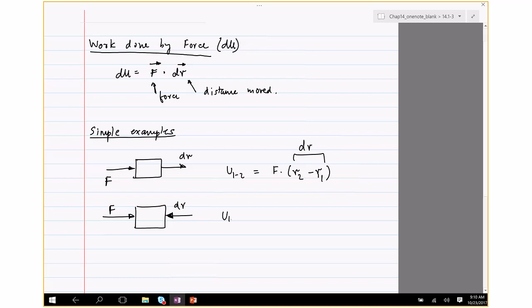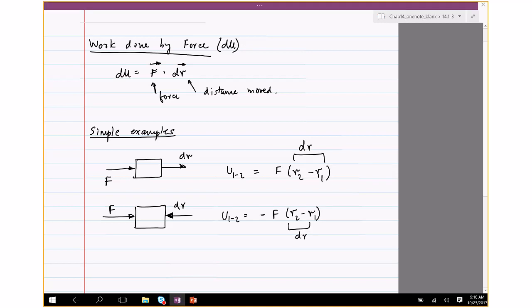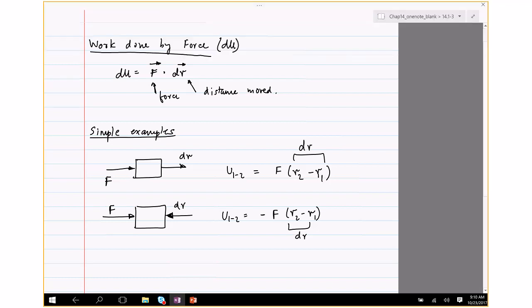So the work done by the force is F dot, well, I'll remove the dot because there's no real meaning to dot when it's a scalar. So F times R2 minus R1 is going to be negative. Okay, it's negative because F is in the opposite direction to dr.